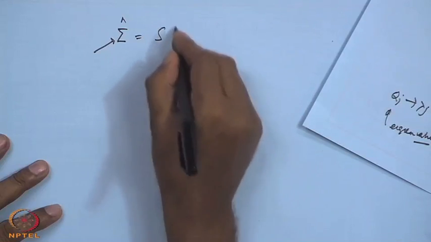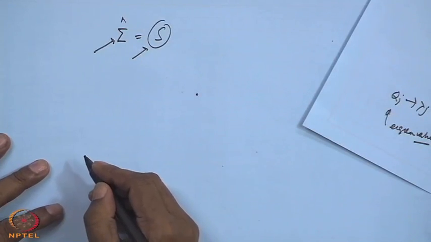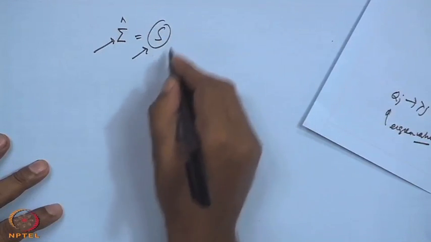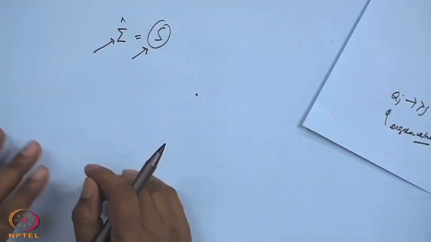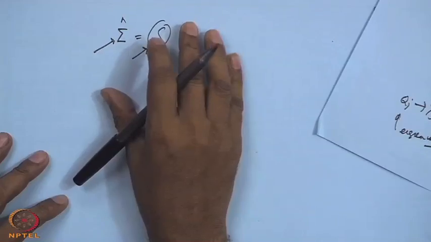When you are talking in the sample domain, we are talking about this matrix, and our aim was to extract as minimum a number of significant factors as possible. What this minimum value is we have not discussed, I will show you. But in principal component analysis you have seen which important components can be kept.